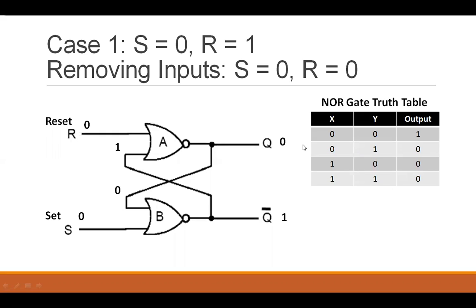So you have Q as 0. And in the second NOR gate, I have 0 and 0. 0 plus 0 is 1. So the Q complement is also staying the same. If Q and Q complement are staying the same, they are retaining their previous state, you can say your RS flip-flop has been in the memory state.